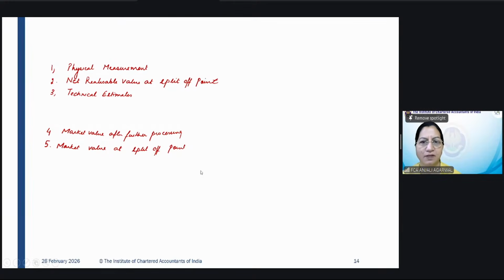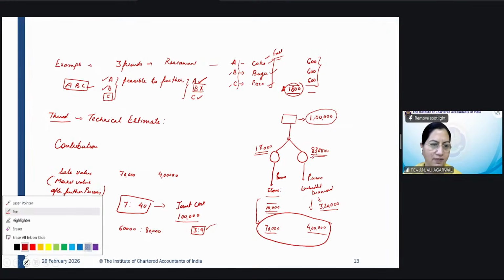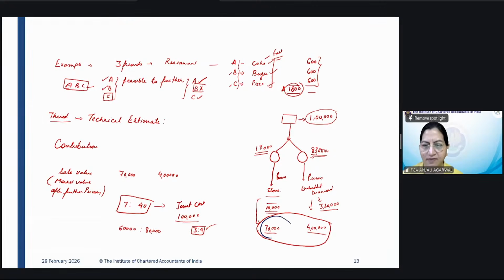Why? Because if I take the same example, what was the market value after further processing for the two rings? 70,000 and 400,000. So you took this ratio, 70,000 and 400,000, and you came out with the share in joint cost in the ratio of 7:40. So this was market value after further processing.